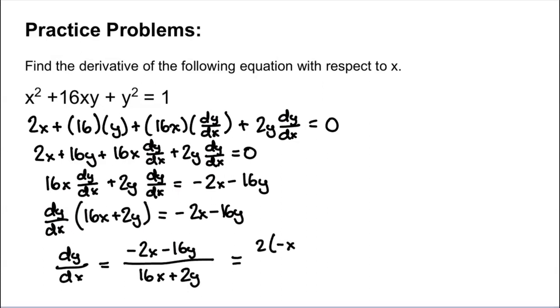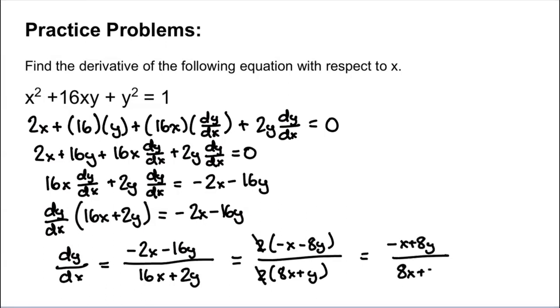So we take out the 2 with negative x minus 8y over 2 times 8x plus y. The 2's will cancel out, and we're left with negative x minus 8y over 8x plus y. Sorry there, just going to rewrite this. Negative x minus 8y. And so that's our final answer.